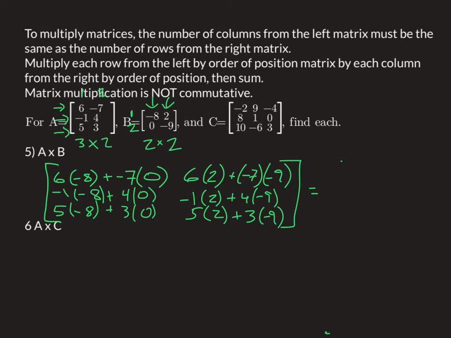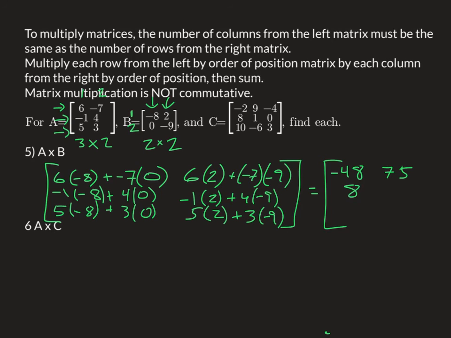And then we just do the evaluation here. 6 times negative 8 is negative 48. Negative 7 times 0 is 0. When we add that together, we get negative 48. In the second part, 6 times 2 is 12. Negative 7 and negative 9 make positive 63. 12 plus 63 is 75. Negative 1 and negative 8 make 8. 4 times 0 is 0.